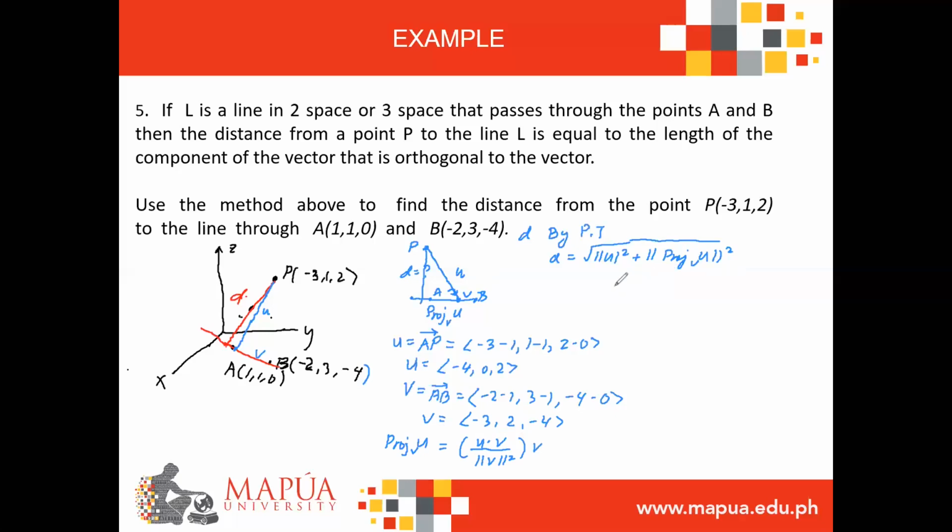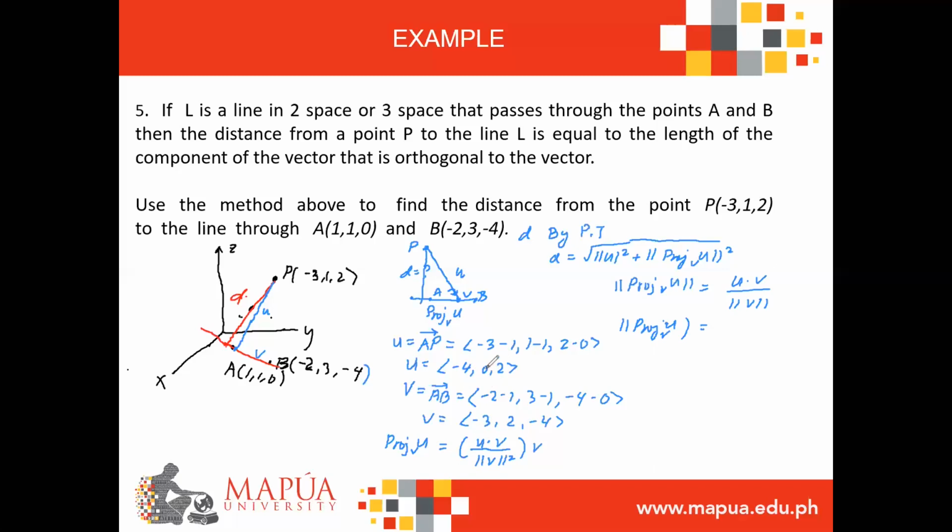So we get now the magnitude of projection of U onto V, and that is equal to U dot V over the magnitude of V. So this is again taking the magnitude of projection of U onto V. So we have here now the simplified formula.